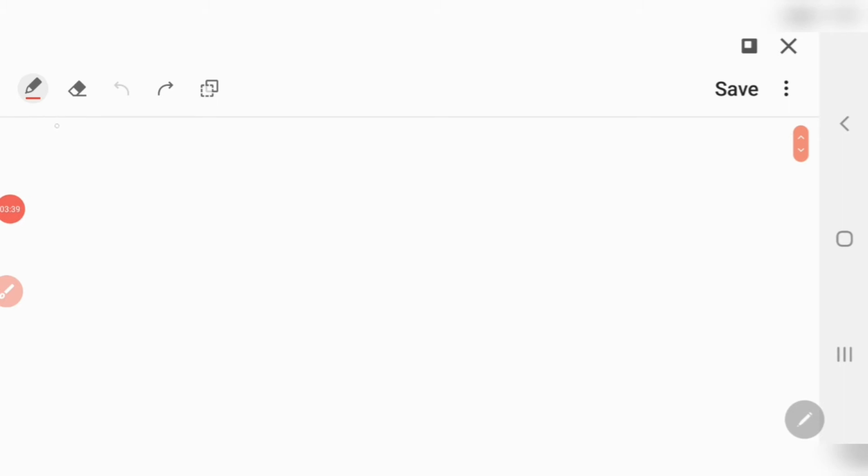Student, now we'll see one more example, that is, factorize 49a square plus 70ab plus 25b square.